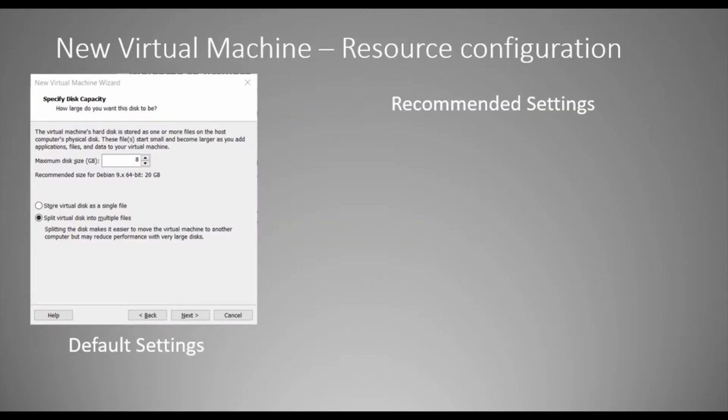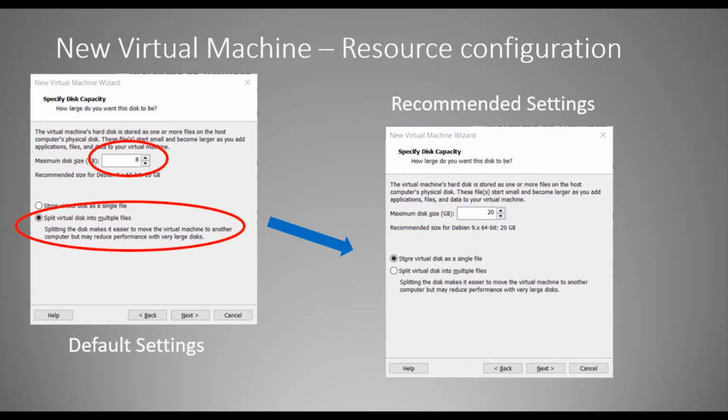Then the disk specifications are presented. By default for Linux the maximum disk size is 8 gigabytes, and the virtual disk is split up into multiple files. From experience I'm changing this to 20 gigabytes. Why?